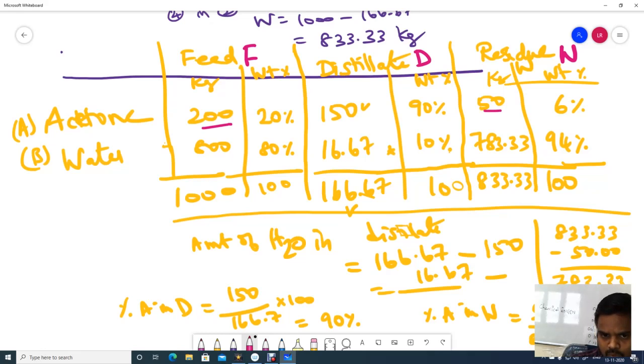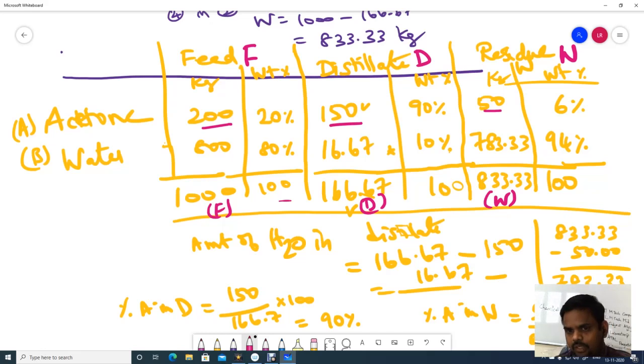So input is 200, one stream contains 50, so the other stream, distillate, will contain 150 kg of acetone, which we determined first. Then using the overall material balance and individual material balance, we have calculated the value of D. So this is the D value, this is the W value, this is our F value, which we have determined. This way we should be able to solve distillation numericals.